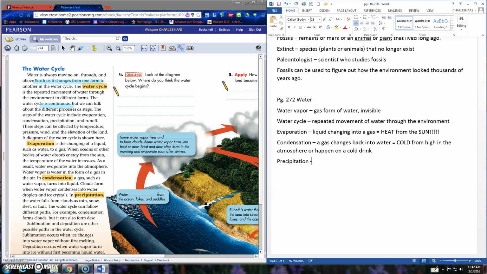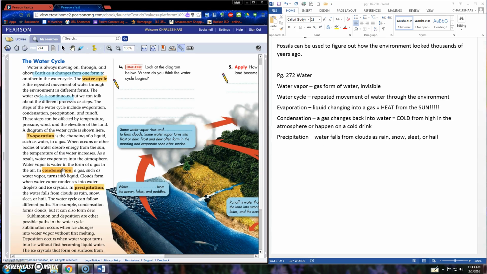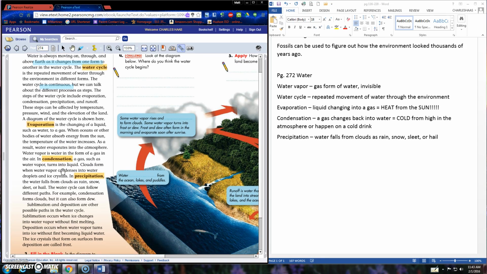Precipitation. This is water falling from the clouds as rain, snow, sleet, or hail back to the Earth's surface. The water cycle can follow different paths, for example, condensation from clouds, but it can also form dew.